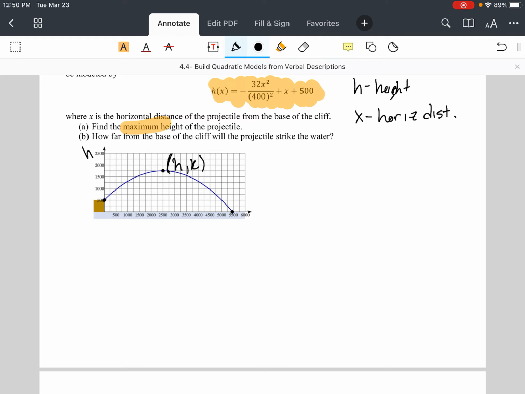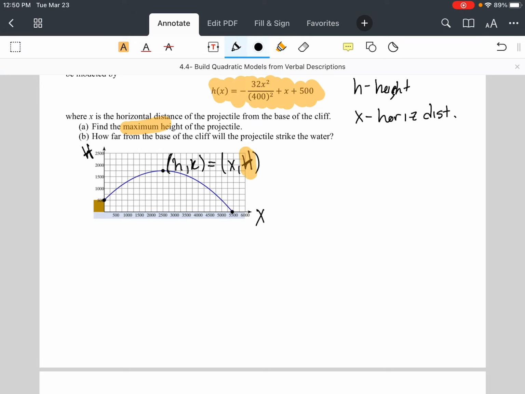In this case, our y-axis is going to be the height of the ball, and our x-axis is still just the horizontal distance, the x. So let's write that this is going to be x comma H. I'm going to make this a capital H so that we can tell the difference between the two. We want to find the maximum height.